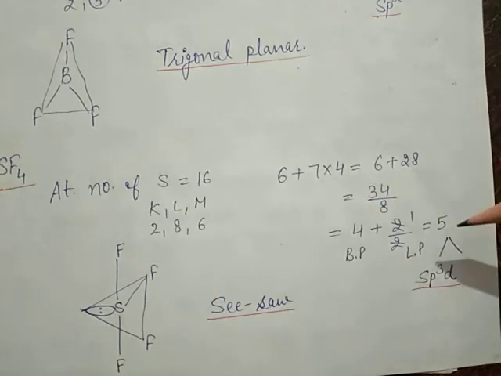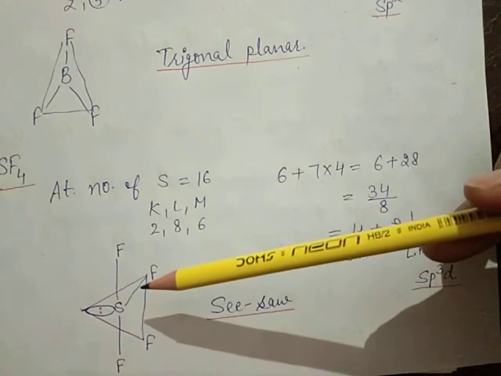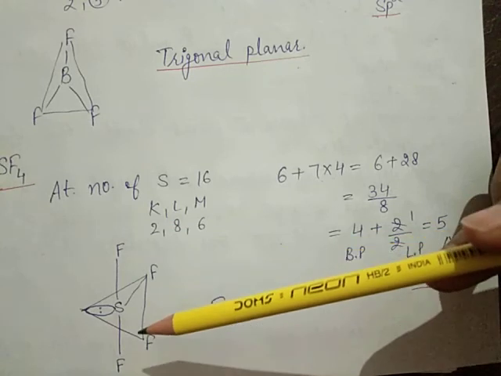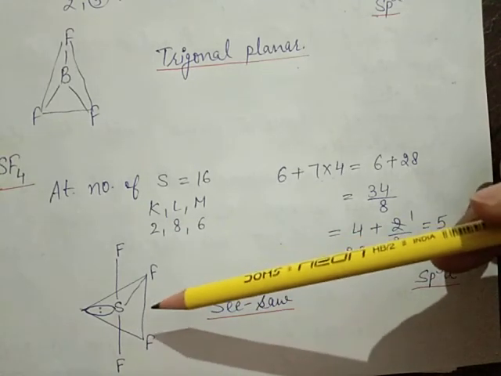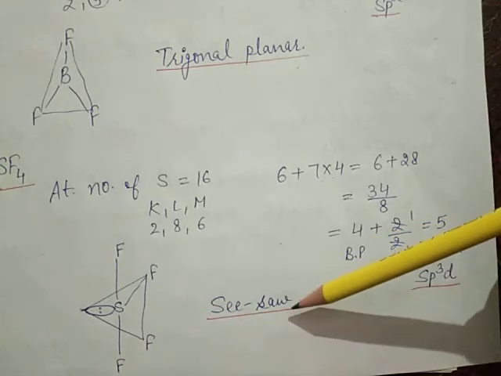According to this 5 sp3d hybridization, its shape should be TBP, trigonal bipyramidal, but due to the presence of one lone pair of electrons, its shape is distorted and becomes seesaw shape.